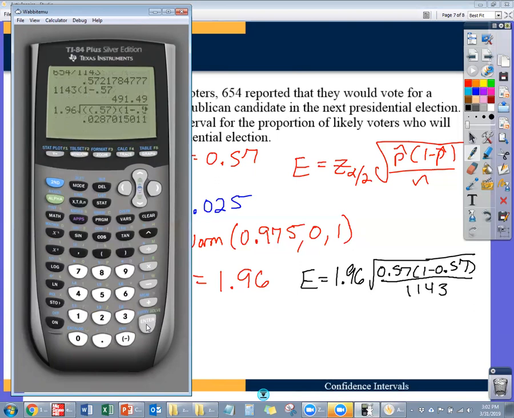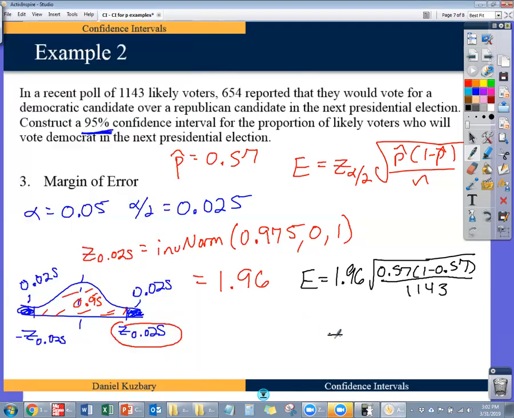And you get 0.0287. I'm just going to round that to 2 decimals. So I'm going to round that up to 0.03. Just because.